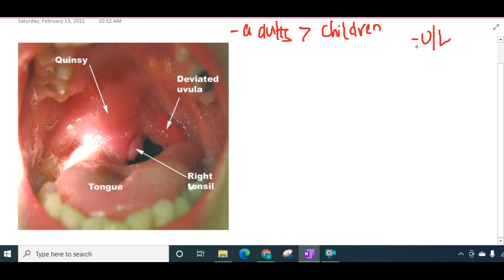General clinical features are present, like fever with chills and rigors, malaise, body ache, headache, nausea, constipation. All the septicemic features are seen in quinsy.